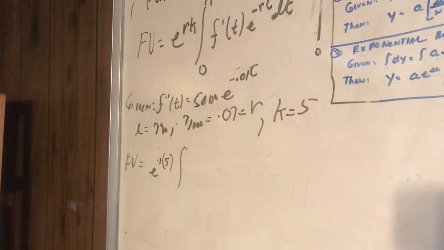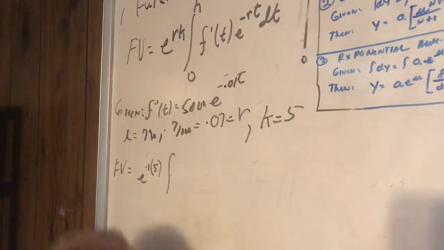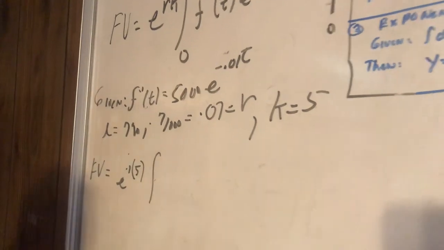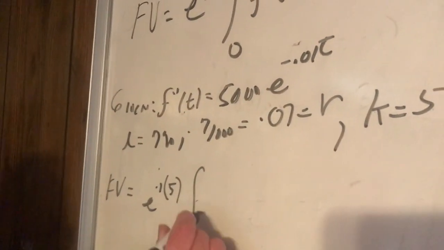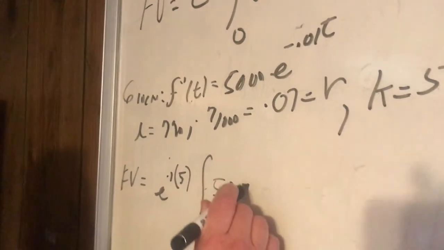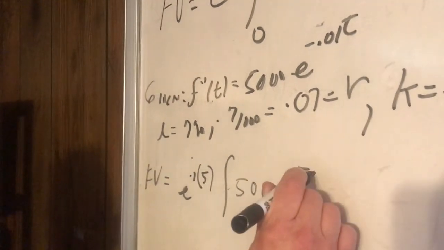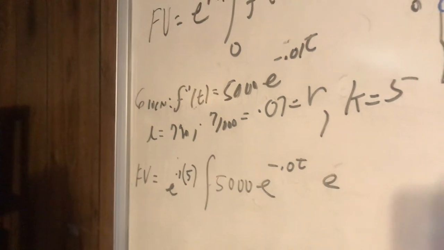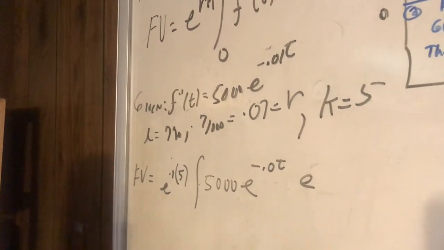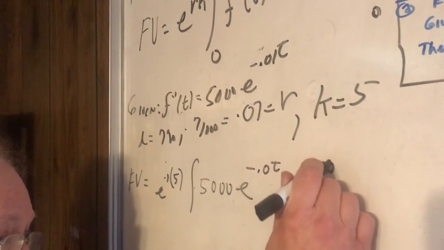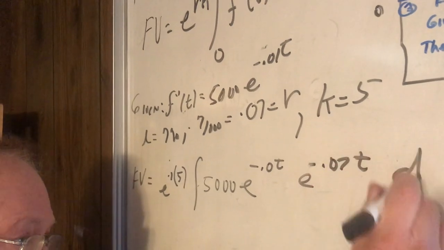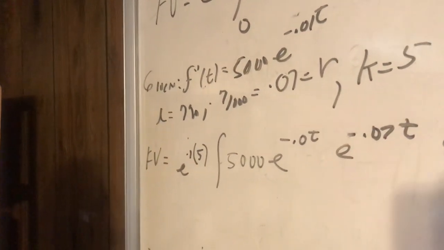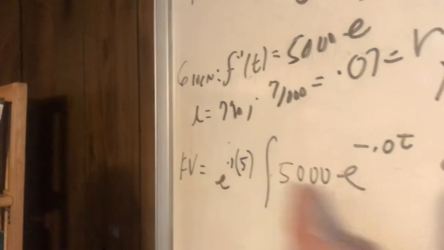I just dropped my pen. And we have 5,000 e to the minus 0.01 t. And here we have e to the minus r, which is minus 0.07 dt. No, you have 0.1 here and 0.07 here.